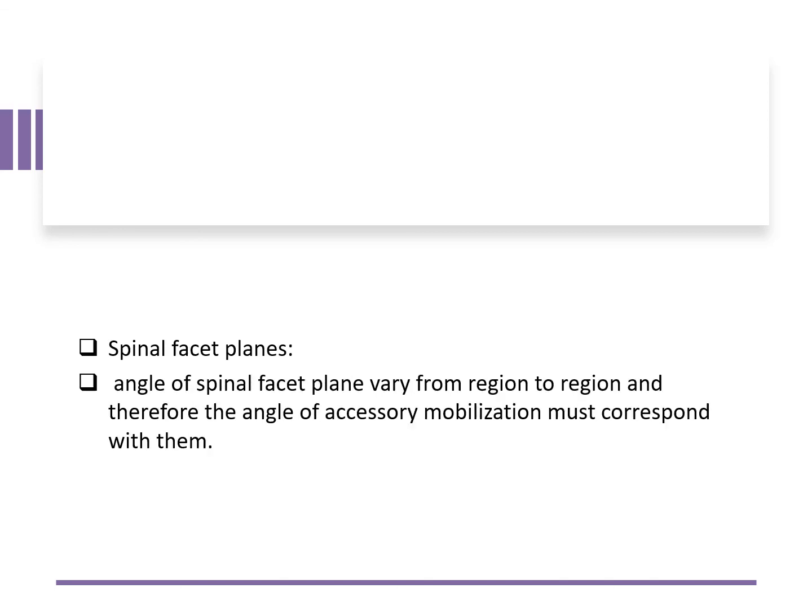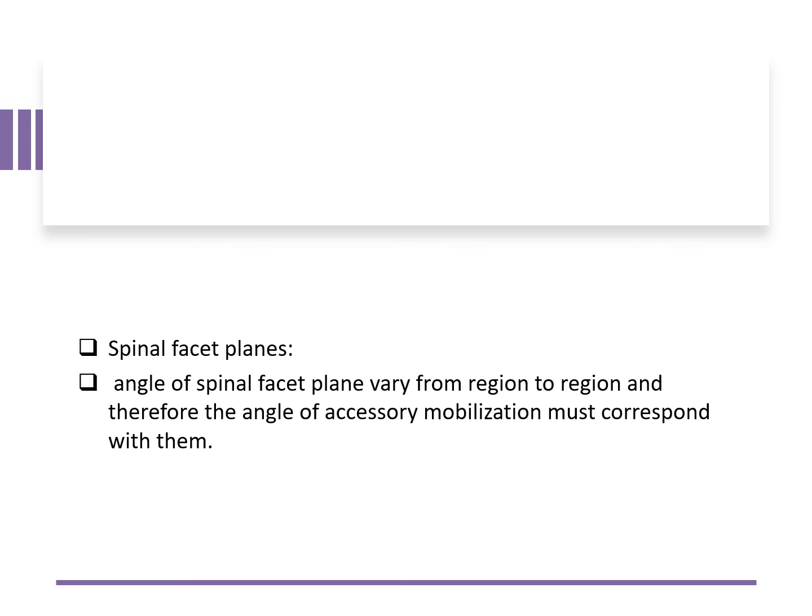Now coming to spinal facet planes. In the spine, you have cervical, then thoracic, lumbar, sacrum. If you read the concept, the facet joints or facet planes are positioned at different angles in different regions. That means cervical is different, thoracic is different, lumbar is different. So according to which spinal region you are mobilizing, your glide will change.